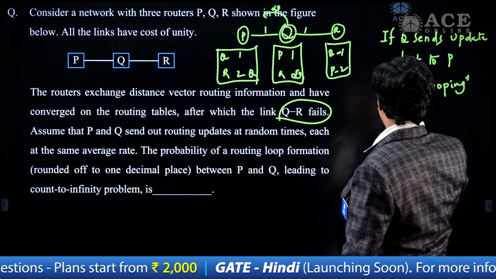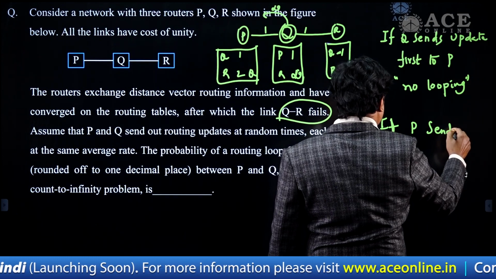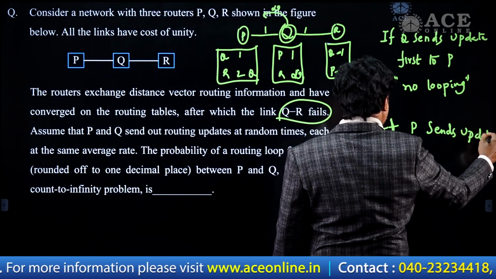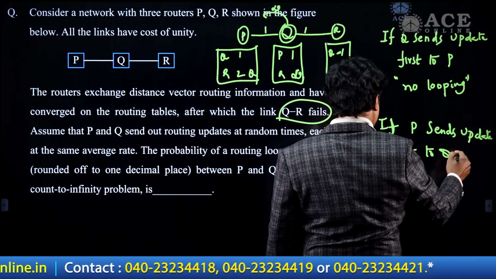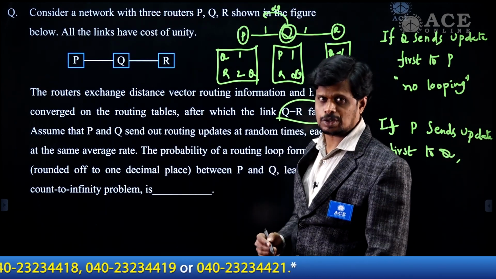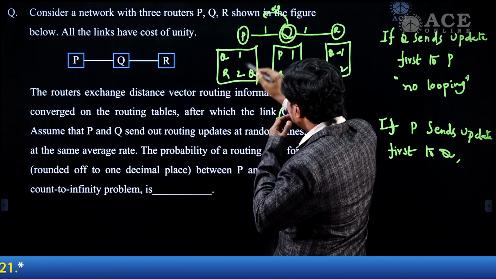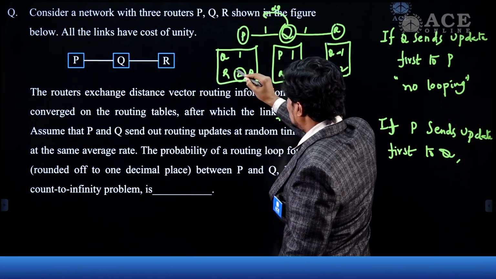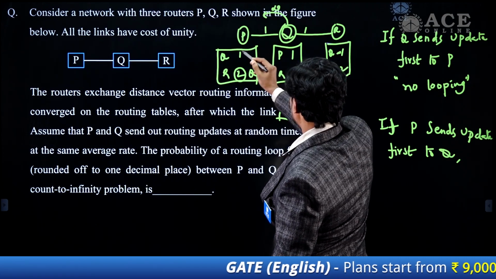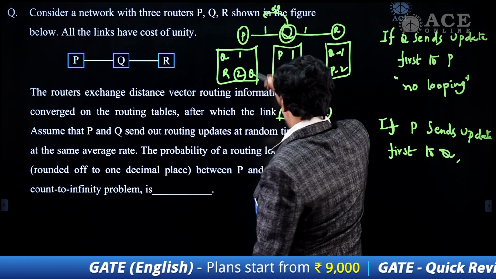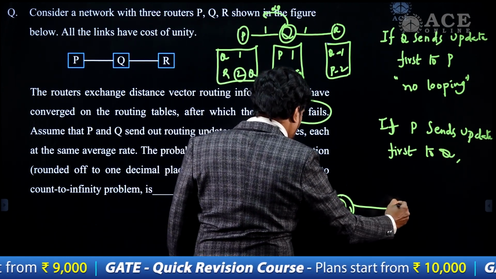But for example, if P sends update first to the Q, it means that this P is sending an update to the Q, like I am having a cost of 2 with respect to this R. So look at this, this is the P and this is the Q and this is the R, right?